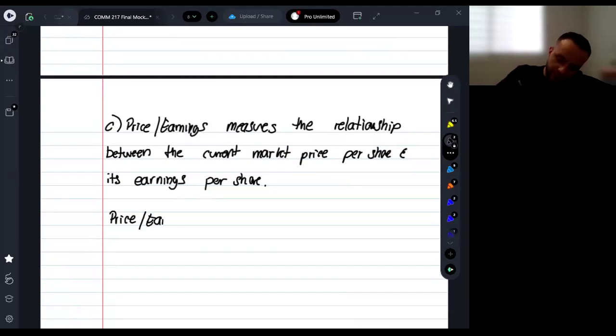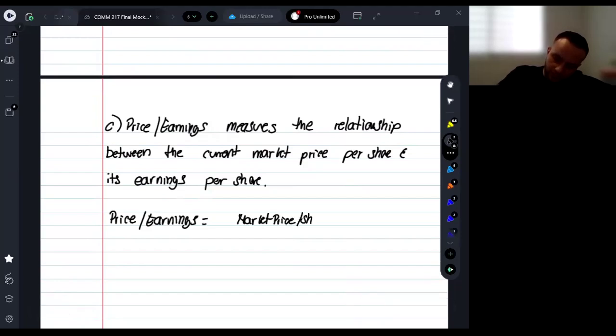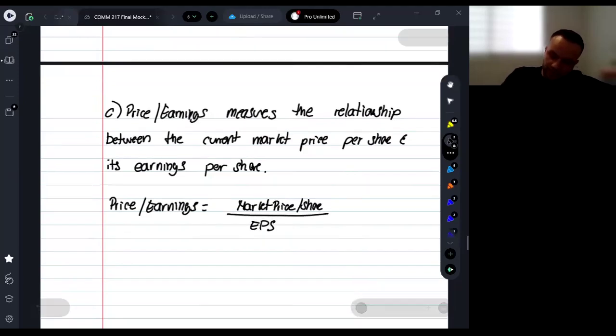Price earnings is essentially market price per share divided by EPS.